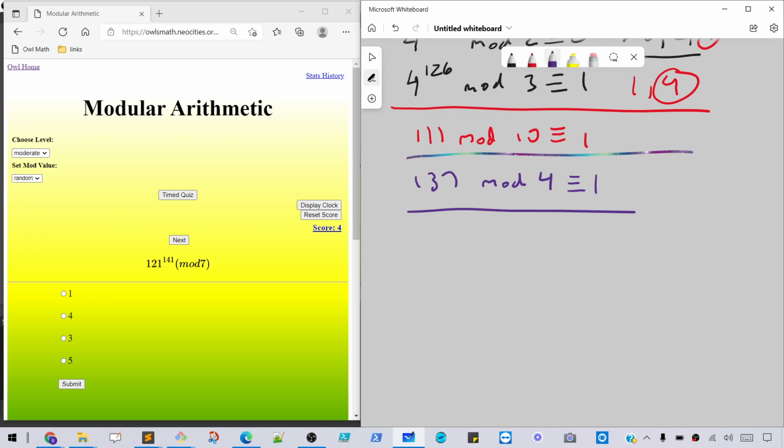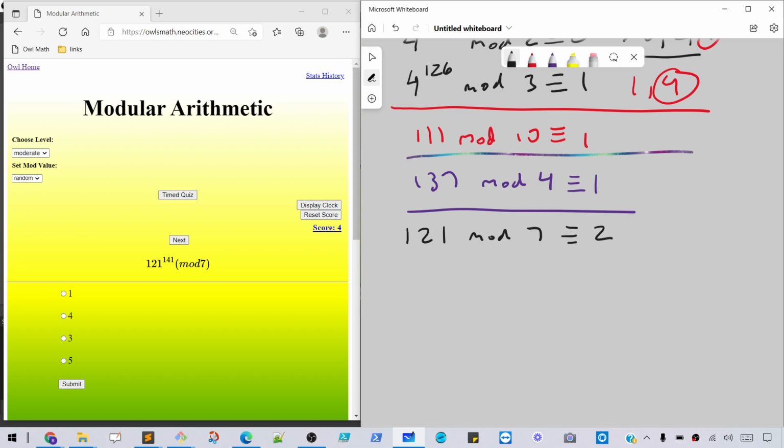Okay, 121 mod 7. What is that? I actually don't know what that is. So let's see, 7 goes into 98. I think 119. Yeah. Okay, so this is going to be congruent to 2.